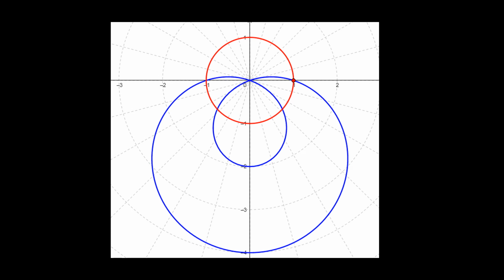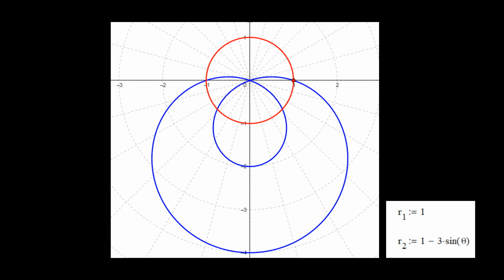Another example, we have here a limacon of two loops and a circle. So the limacon is r equal to 1 minus 3 cosine theta, and the circle is r equal to 1. So observe that there are 4 points of intersection.